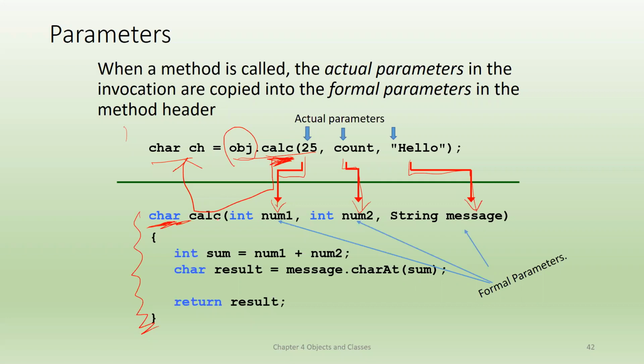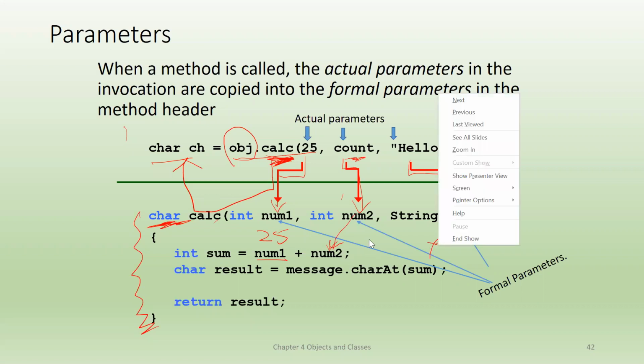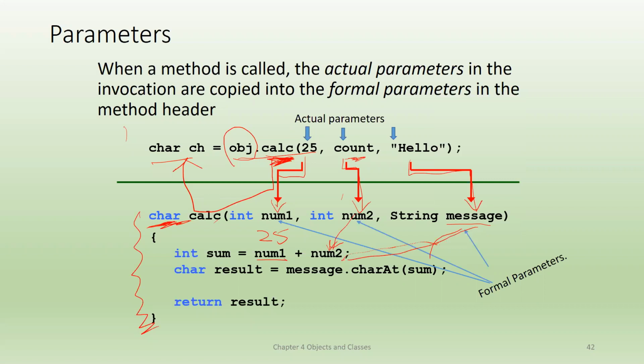So inside num1 is 25 because that's what is passing to num1. And whatever count value is will go to num2, right? And message, hello, will go to message, not num3. So charAt sum, whatever that number is, it will find that character and return that character.